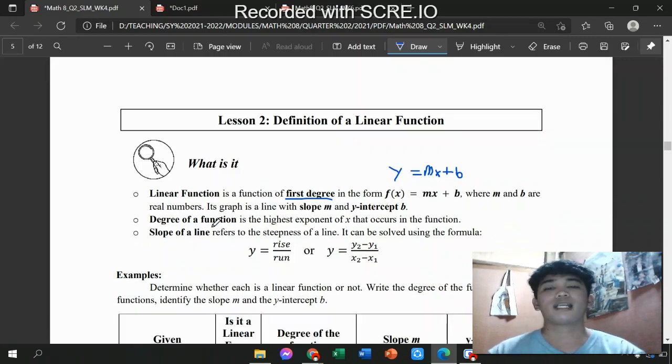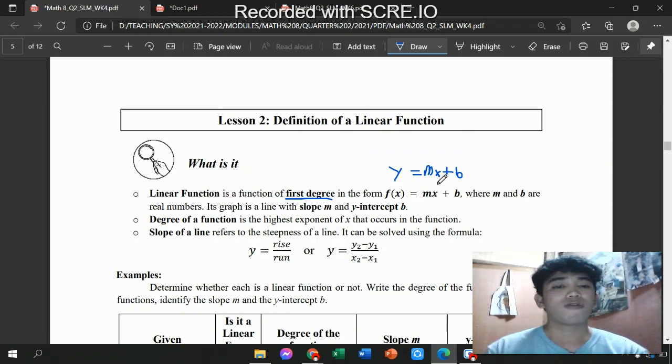Degree of a function is the highest exponent of x that occurs in the function. So kailangan kung linear function, ang exponent sa x should only be 1. Kung walay nakabutang nga exponent, automatic ang exponent ana kay 1. So naay invisible nga 1 ani.